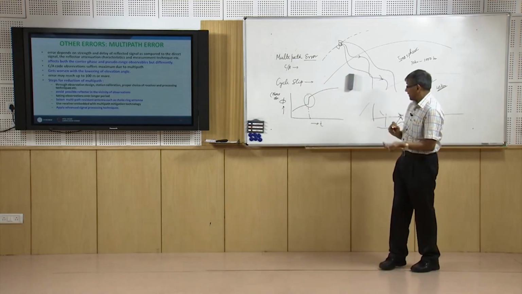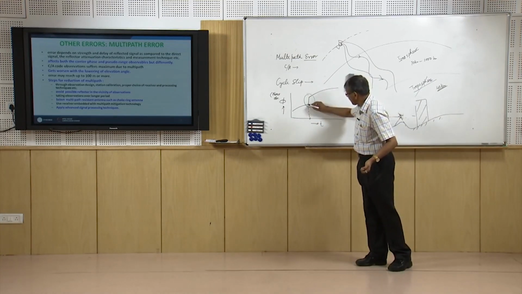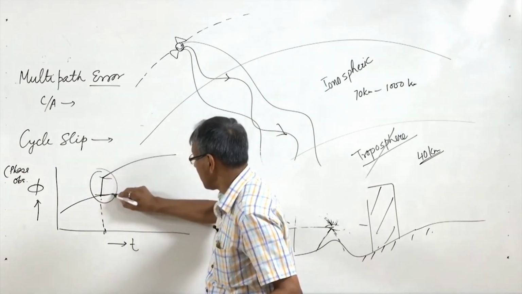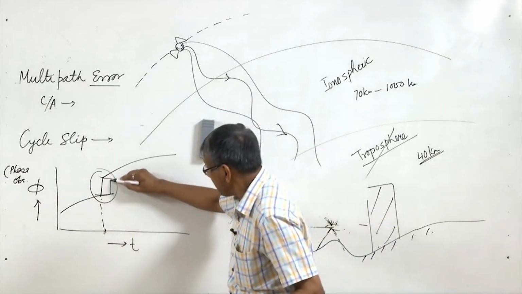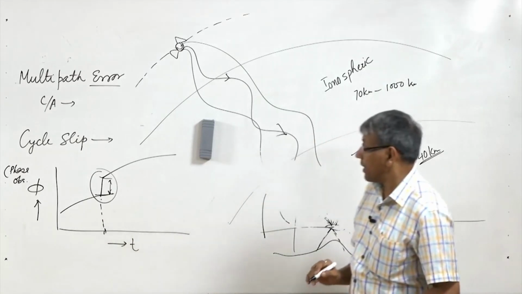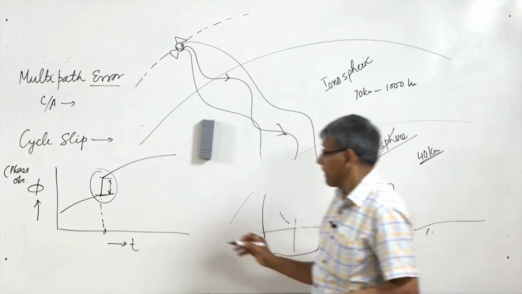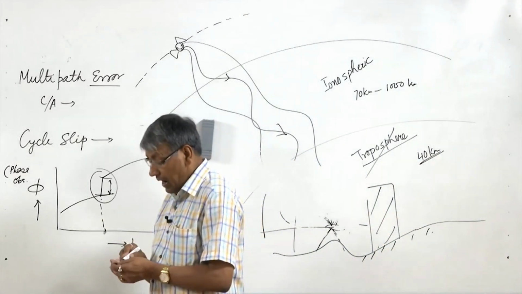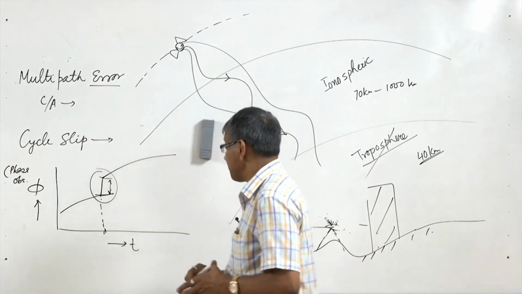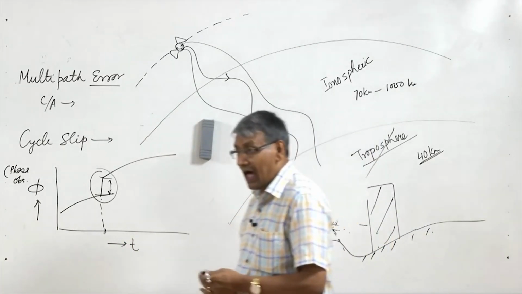We need to identify this time, and we have to find out the amount of jump in the number of phase cycles. That has to be identified, removed, and rectified as pre-processing.